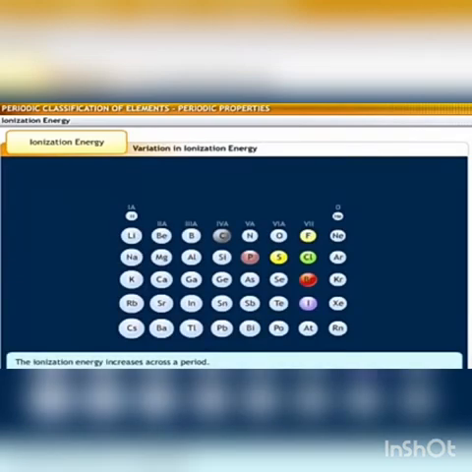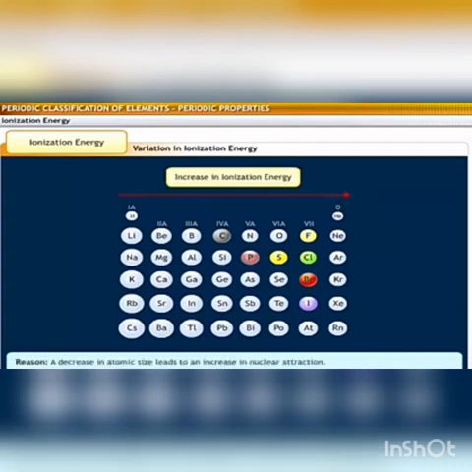Let's now review the variation in ionization energy. Ionization energy increases as we move across a period from left to right. This is because the decrease in atomic size results in an increase in the nuclear attraction, thereby increasing the ionization energy. This is why inert gases possess the highest ionization energy.